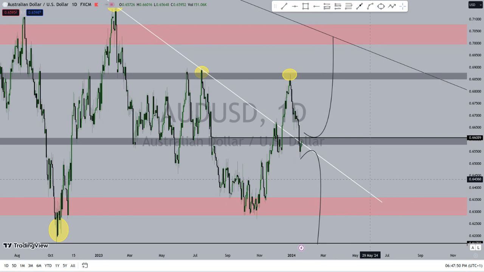So bear that in mind, because I can't actually tell what AUD USD is about to present to us next. It is due to price action.